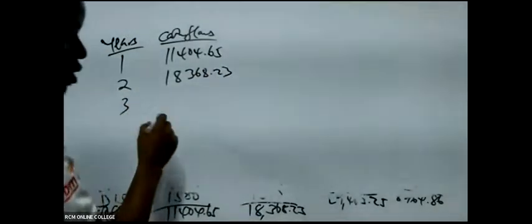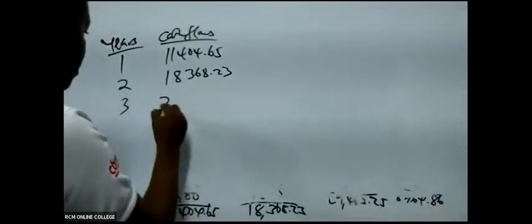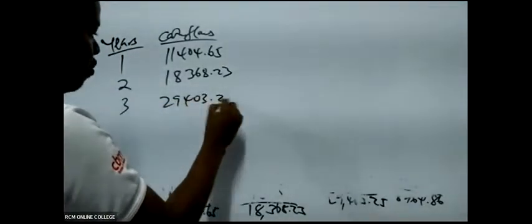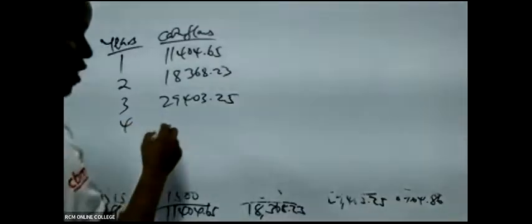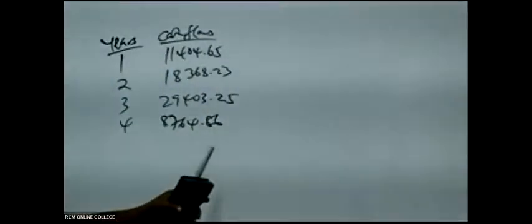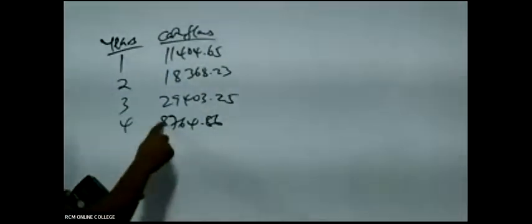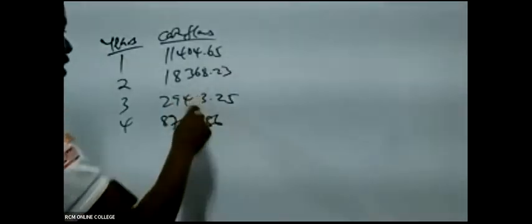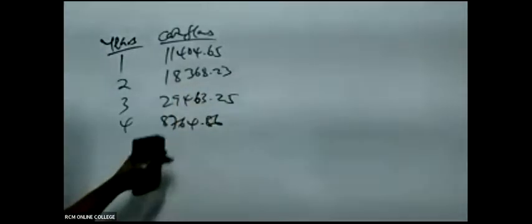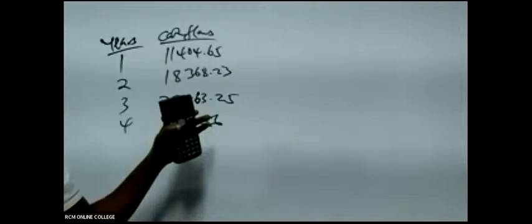Year 3 is 29,463.25. And year 4 is 8,764.86. You guys will correct me here. Are these figures correct? Year 3 is 29,463. Thank you. The rest are correct.